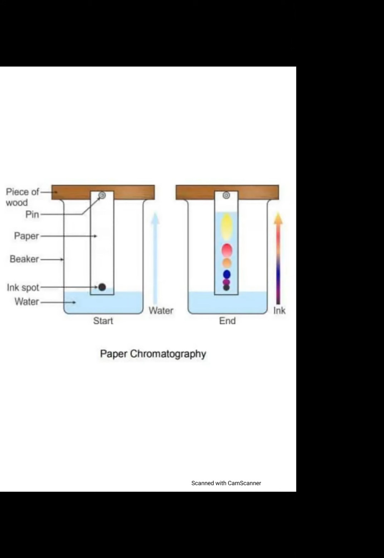Water is coming up taking the colors of ink. My second doubt is, do we need some special sucking mechanism to lift the water up the paper? No, just dip that paper inside a solvent. That's it. Nothing to do with that. It will automatically come up. Okay, sir. Thank you, sir.